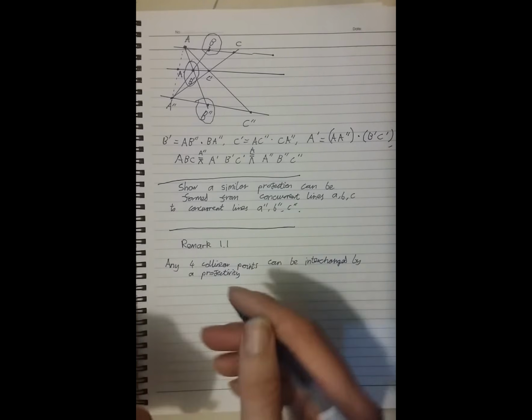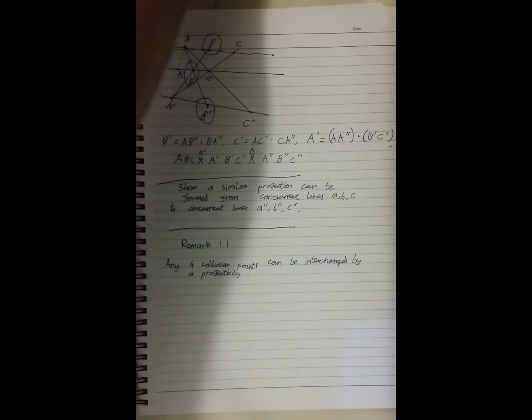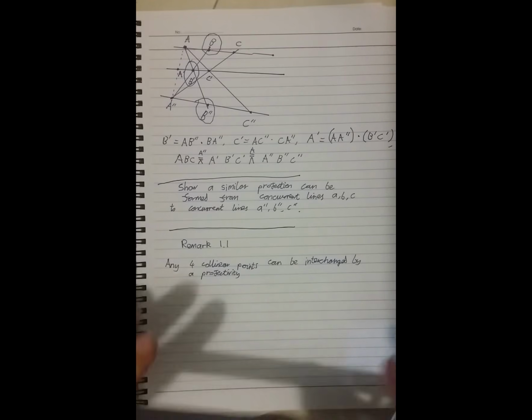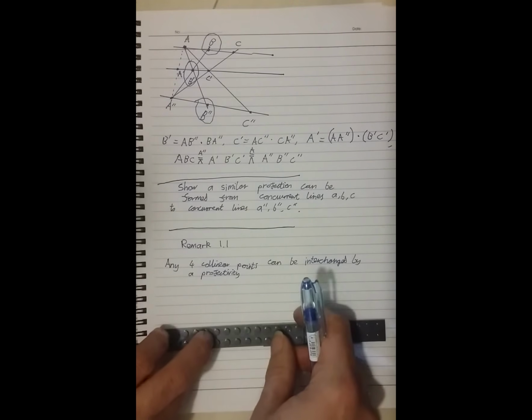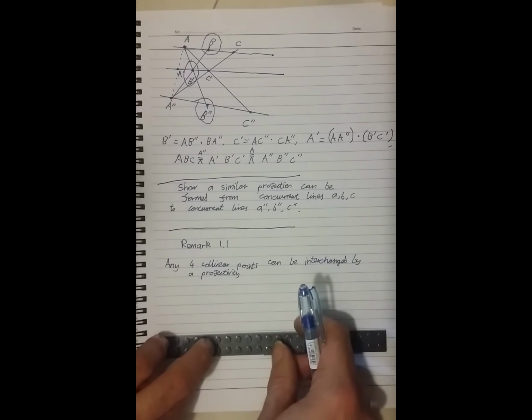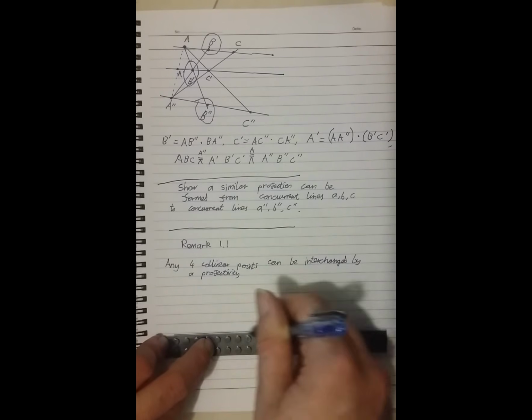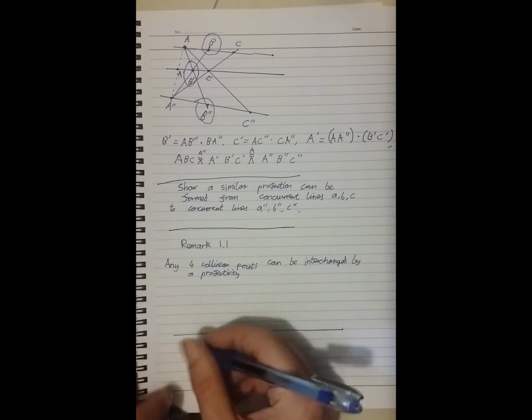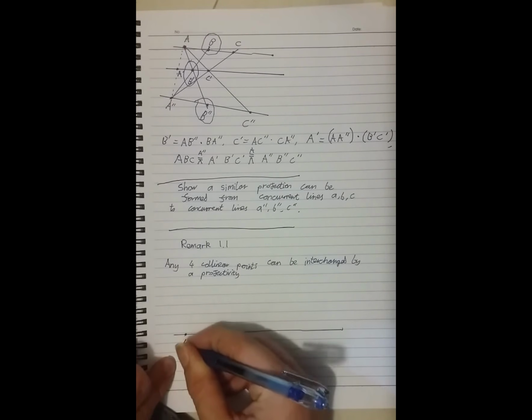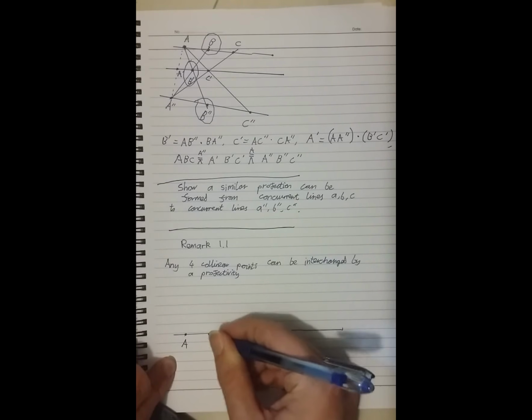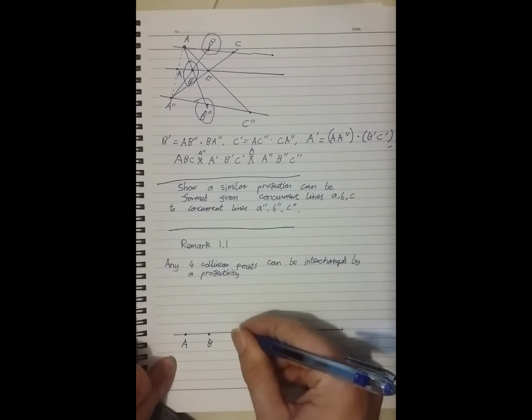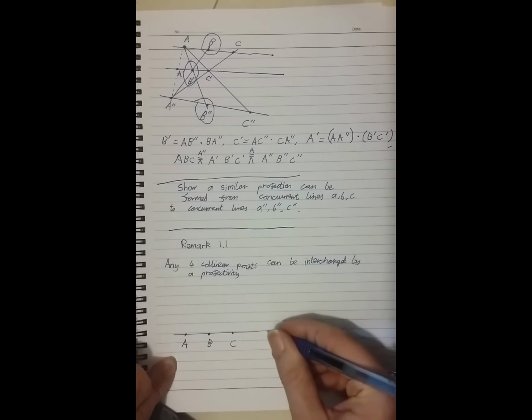So for an example of this, suppose we have 4 points A, B, C and D.